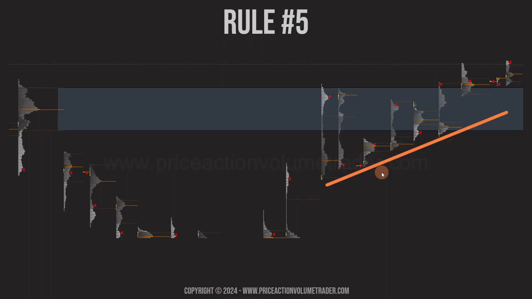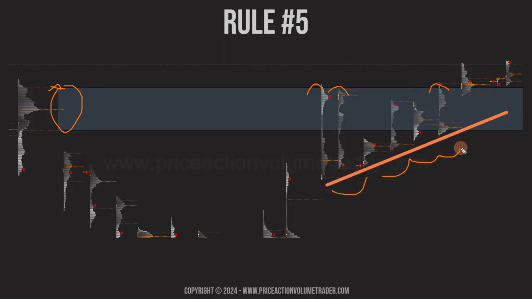So right here, for example, we have this profile. We have this valley area here, which I've extended with this blue area. And you can see how we have 1, 2, 3 days all hitting the top side of this valley area here.